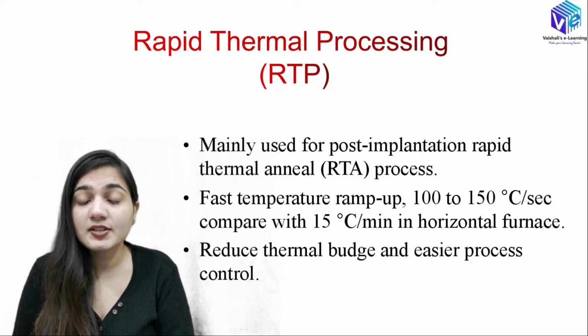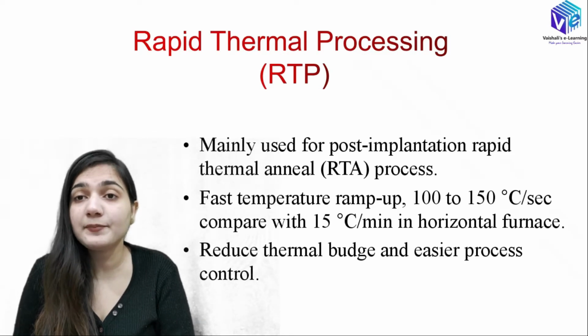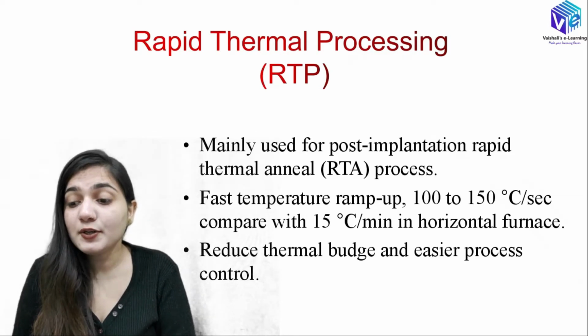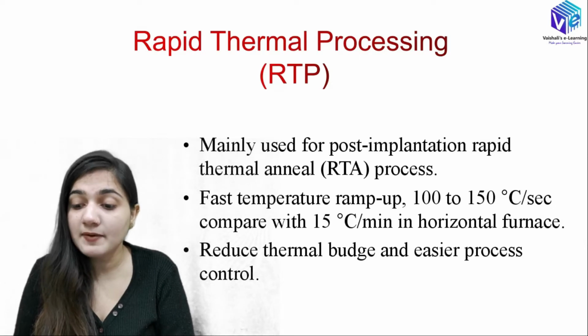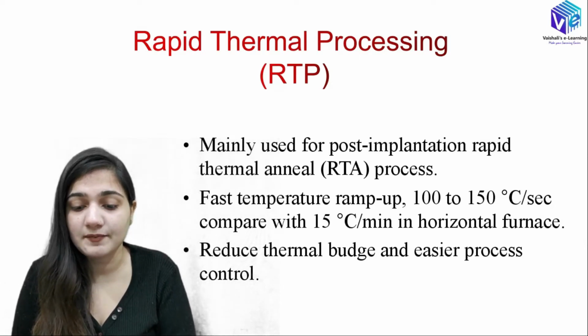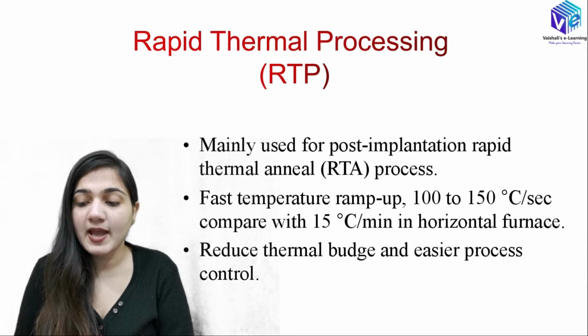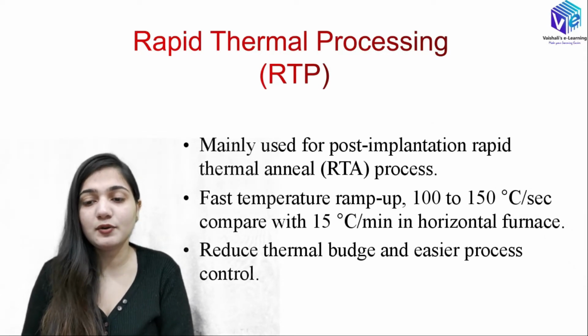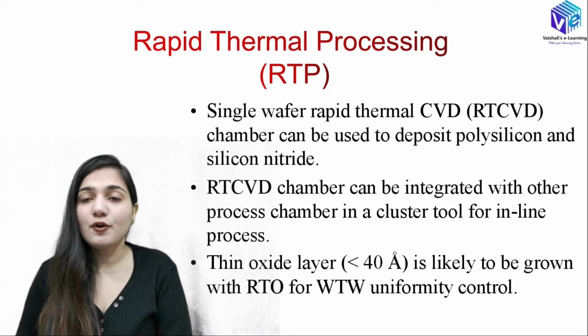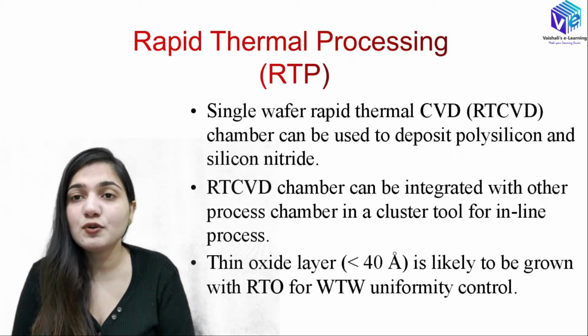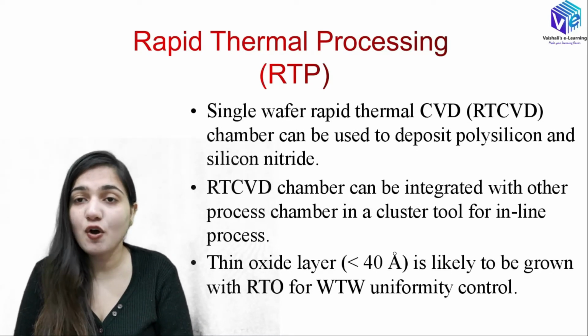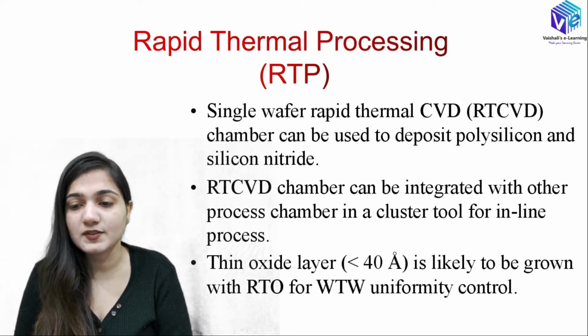So this is the difference in the temperature ramp up: 100 to 150 degrees Celsius per second in RTP and 15 degrees Celsius per minute in the traditional system. It reduces the thermal budget and gives easier process control in the RTP process. Now you must have understood the advantage of RTP processing.